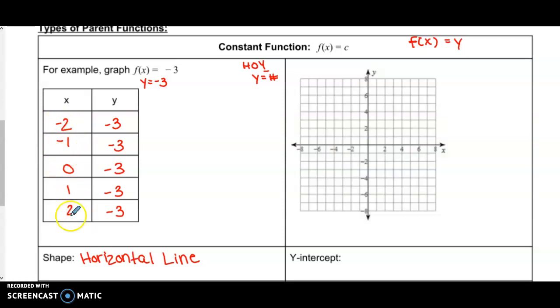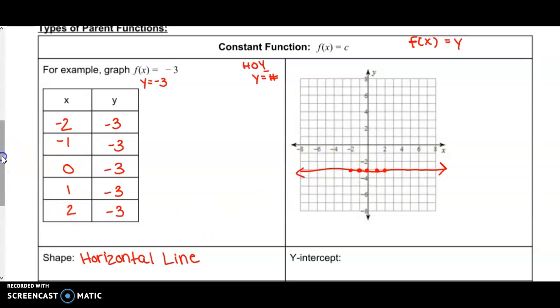Those are my go-tos. Again, you can use anything you want. And when you graph them, (-2, -3), (-1, -3), (0, -3), all the way to (2, -3), and you connect them, you can see that you have a horizontal line.